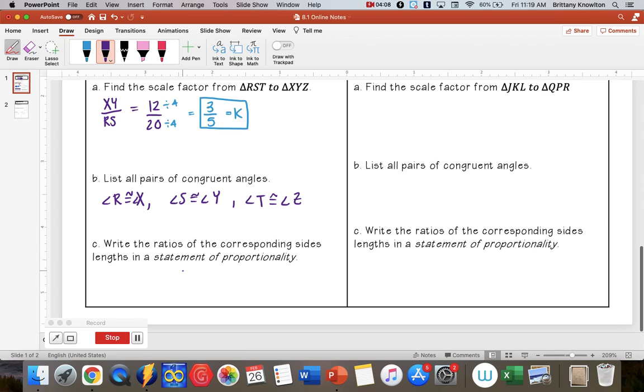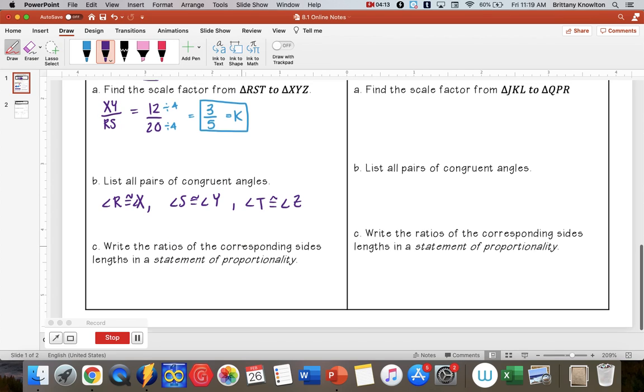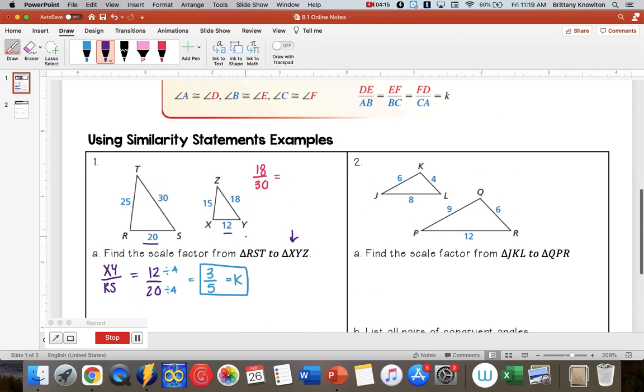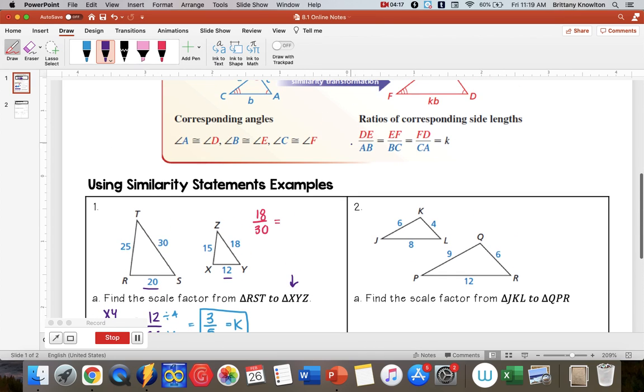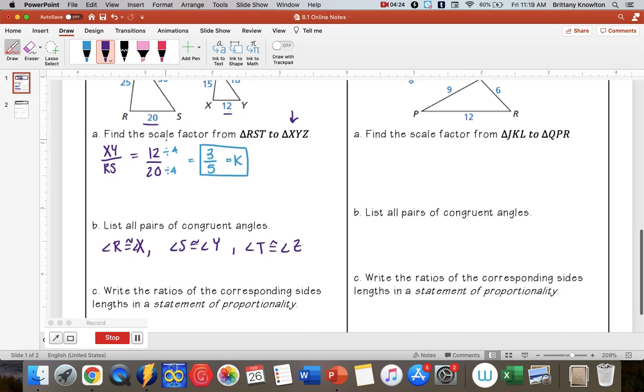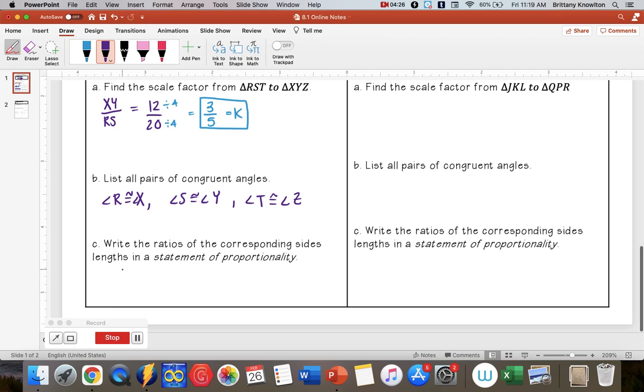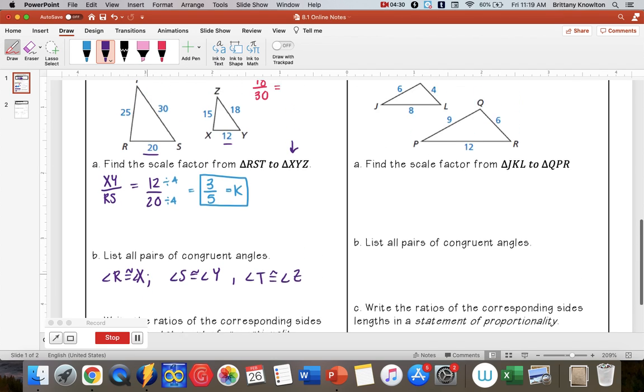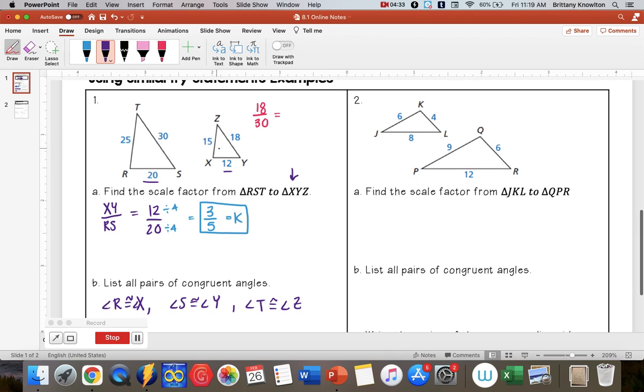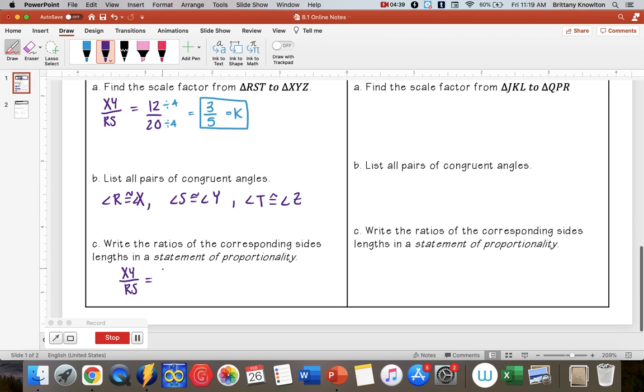And then for the last step, I want to write the ratios of the corresponding side lengths in a statement of proportionality. And so I'm basically just creating what I see right here. So I'm just going to match all of my corresponding sides. I already have one, XY over RS, that we already wrote. Then I can do ZY and TS are the next one corresponding.